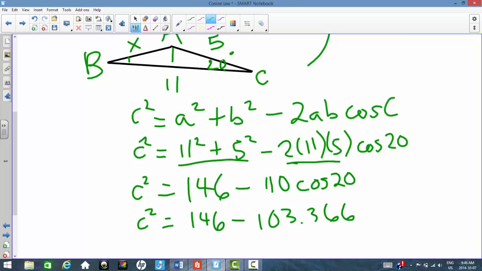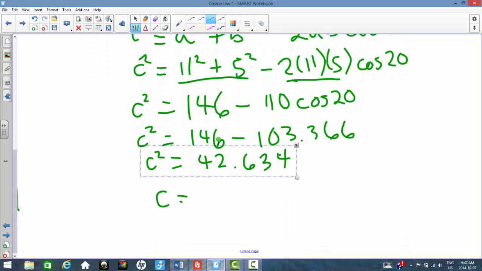I subtract those two, and that gives me C squared equals 42.634.